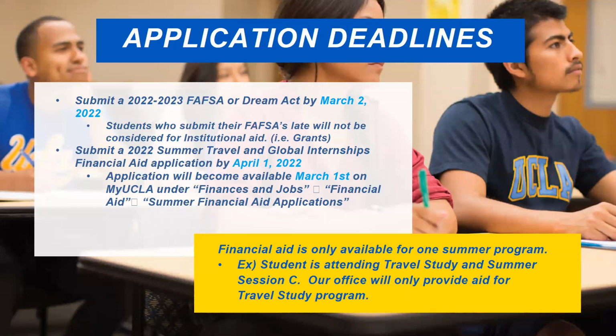An example of what you will not be able to get: let's say you participate in the summer travel study program in session A. You get back in time to take classes through summer sessions in session C. We're only going to give you financial aid for one of the programs, and most times it's for the summer travel program in session A. So you will not get money to cover your fees for session C. Now, there is a problem, and we'll talk about that a little bit later, but it's important for you to note that you're only going to get financial aid to cover one program.